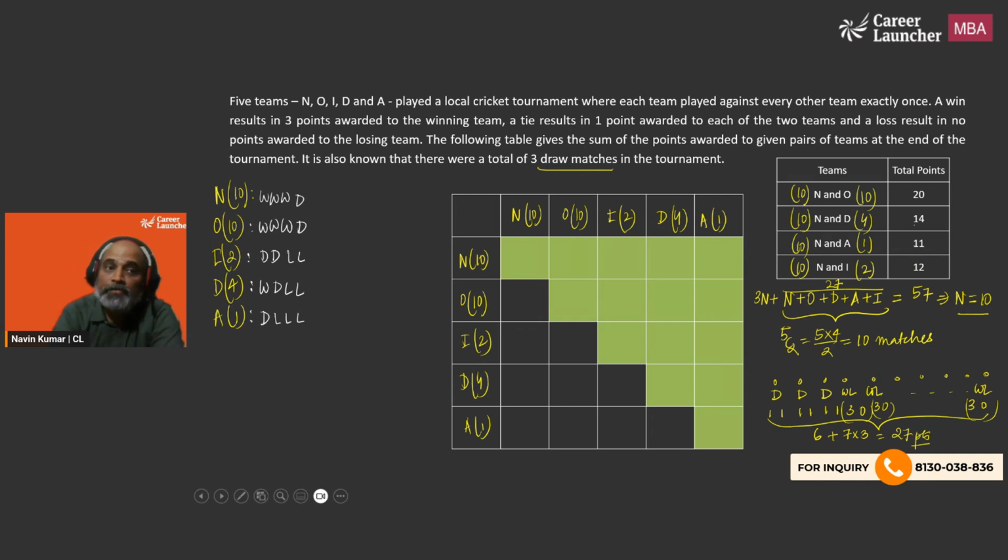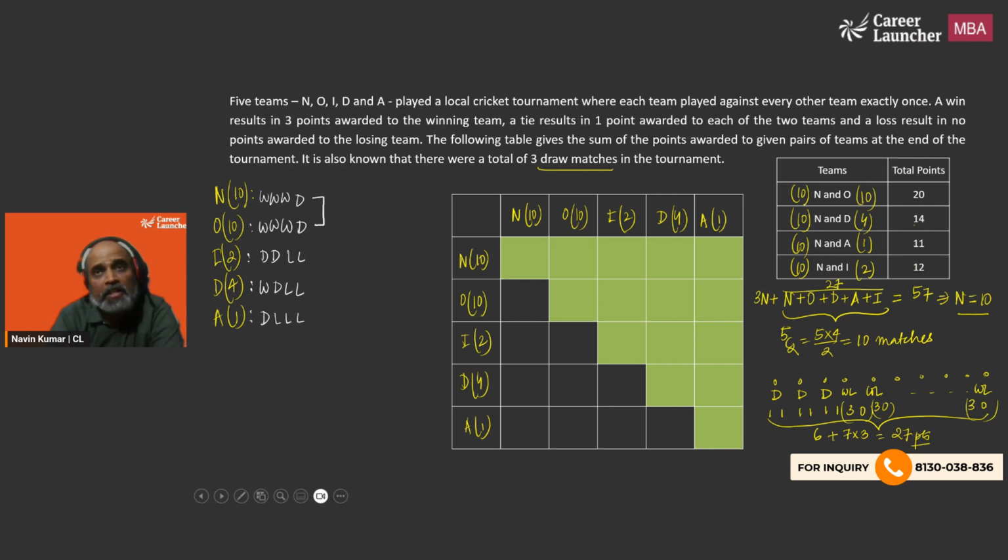The next step is we need to figure out who played against whom and which match was drawn against whom, right? So we will start from here. N and O are supposed to play a match. They will definitely play one match.